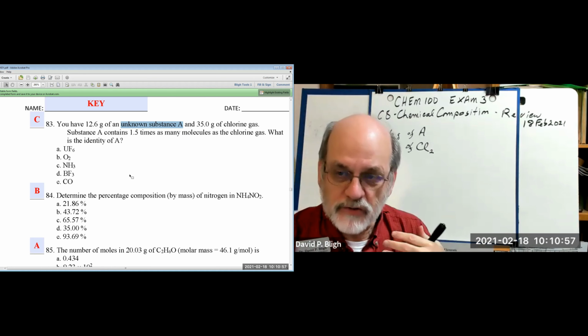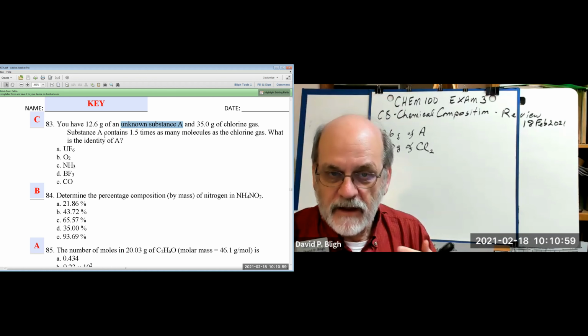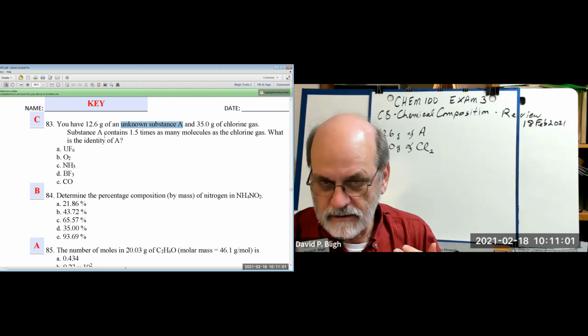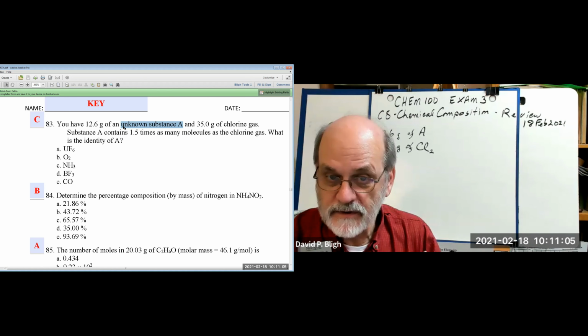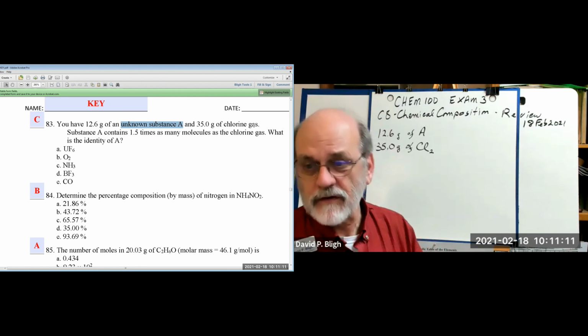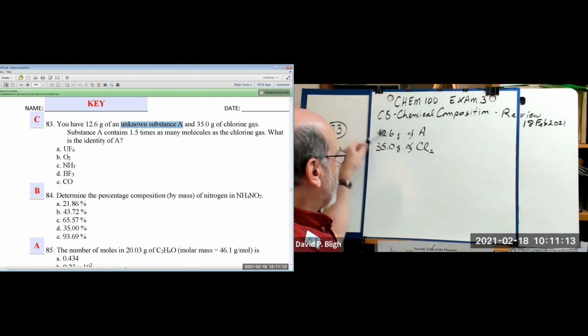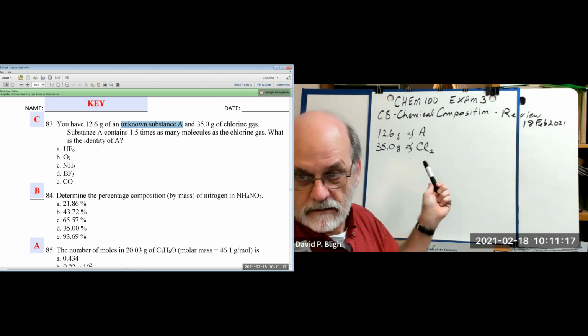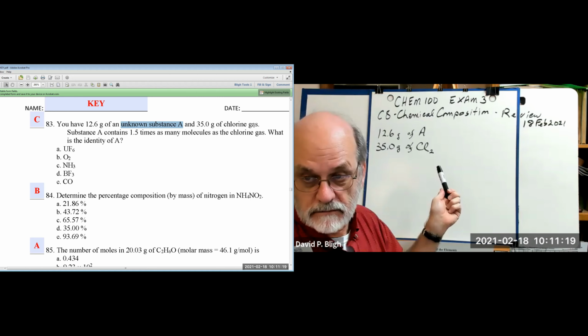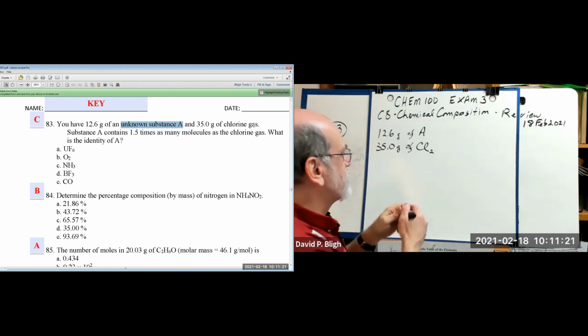What the problem should be worded as saying, you have a mixture of 12.6 grams of A and 35.0 grams of chlorine gas. If you've got chlorine gas, it can't be part of a compound of A. So this is a mixture.